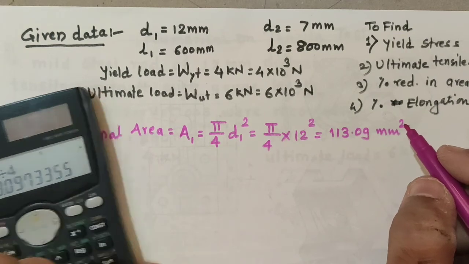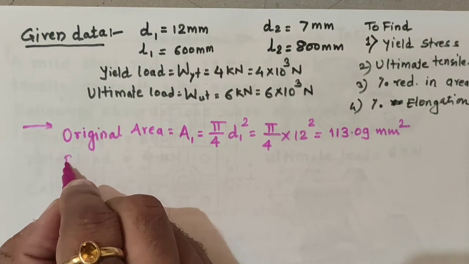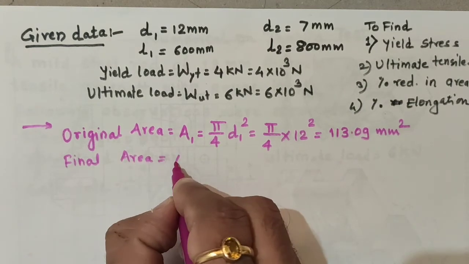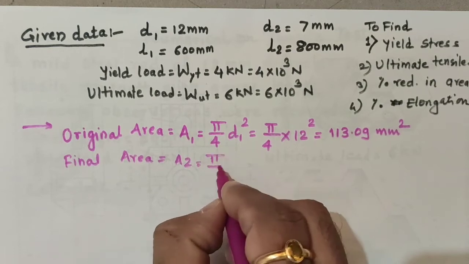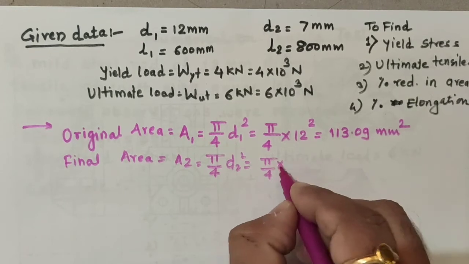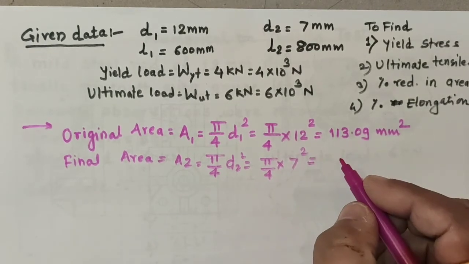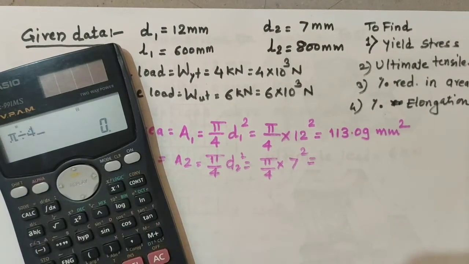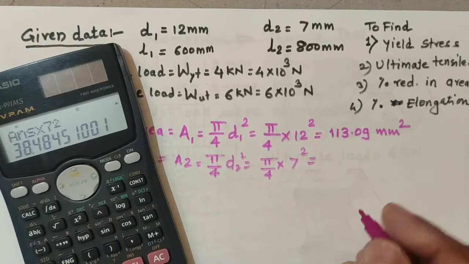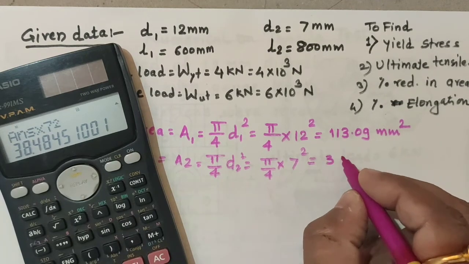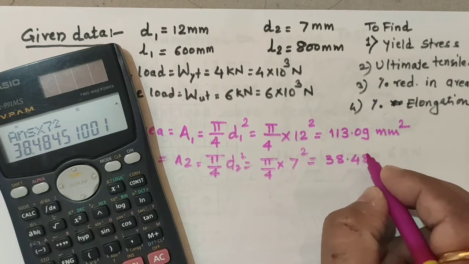Okay, now the final area, that is A2. Similarly we can calculate pi by 4 D2 square, so pi by 4 into 7 square, so it is 38.48 mm square.